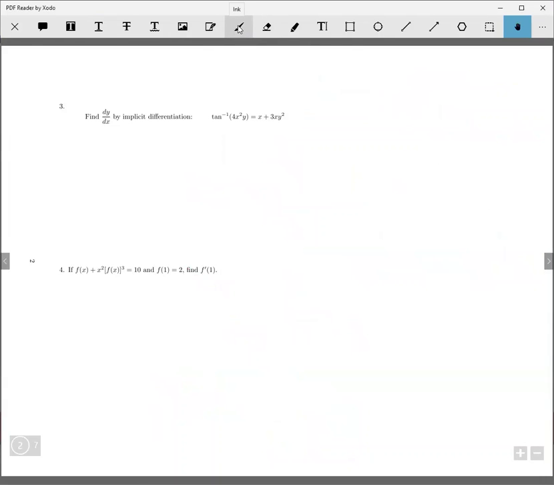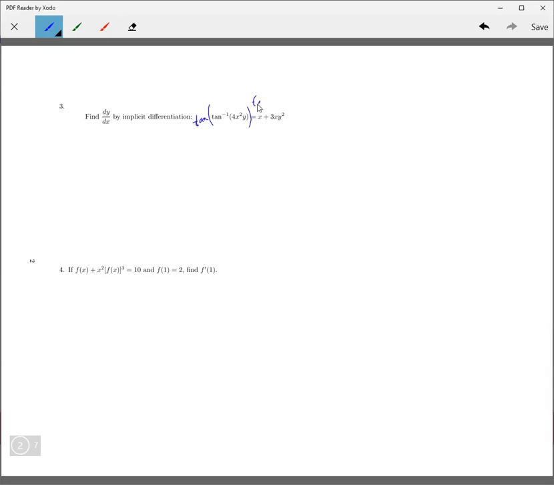Okay, so let's look at this one right here, number 3. In the next section, tomorrow, we'll learn how to deal better with this inverse tangent. But what I'm going to do here is take the tangent of both sides of the equation.